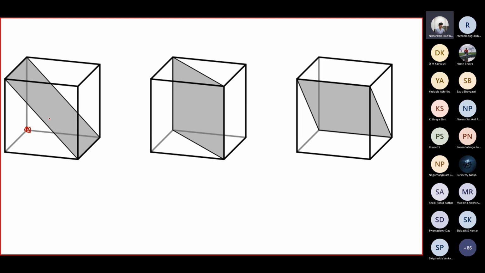So, 1, 0, 1. Agree? I didn't ask for the intercept. You said 1 infinity 1, that's correct, but the HKL value is 1 0 1. For this, it is 1, 0, 1.